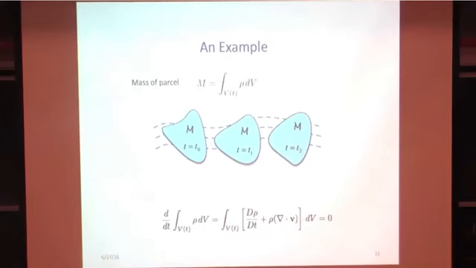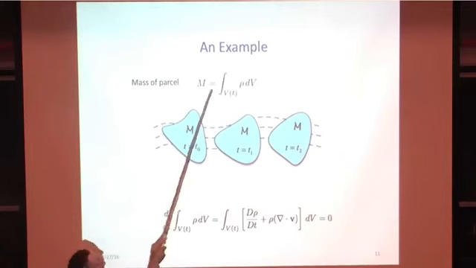Let's revisit our conservation of mass equation, and we'll start with our statement right up here. Mass is equal to, by definition, the integral over that volume of rho dV. That volume V of t is moving with the fluid. So in that volume V of t, what's happening to the mass if we're neither creating nor destroying mass? It's not changing.